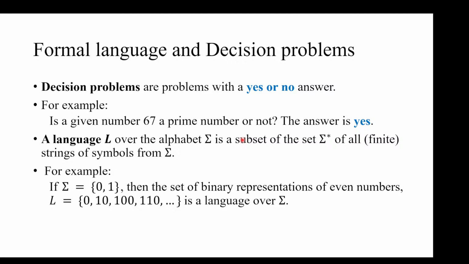The next notation is something very funny. It's called a language. Obviously language means many things in computer science or in our everyday life, but in theoretical computer science, the so-called formal language is something very funny.